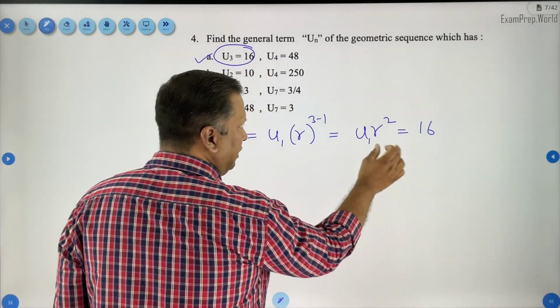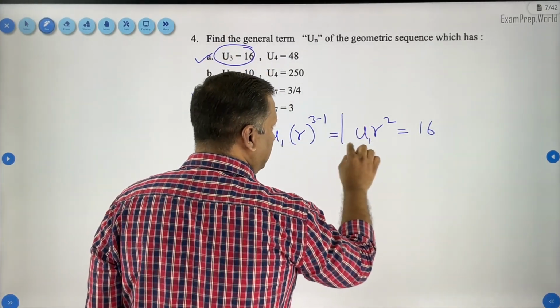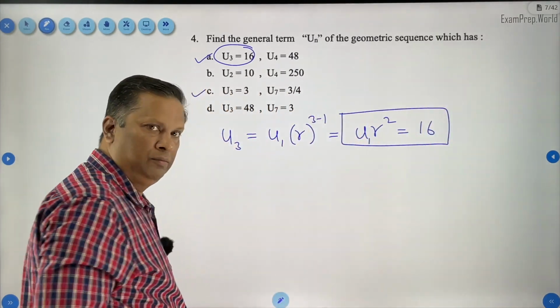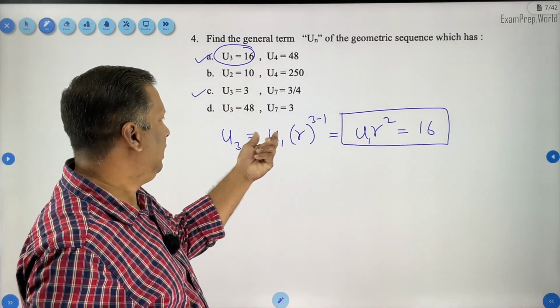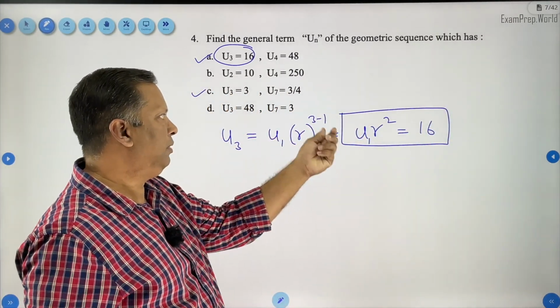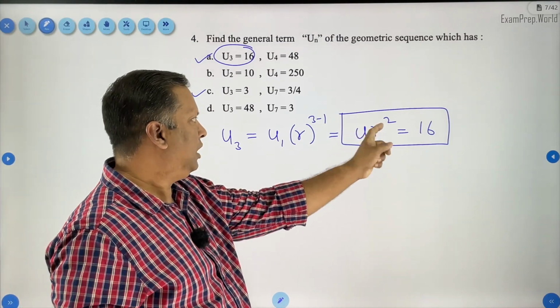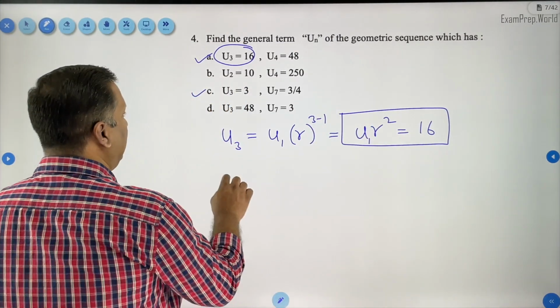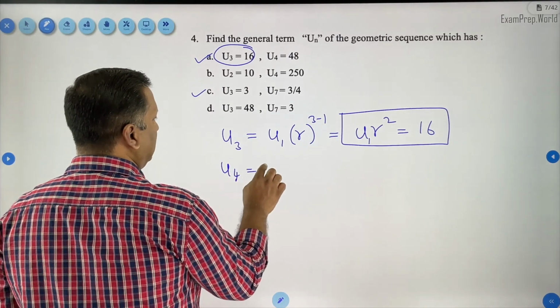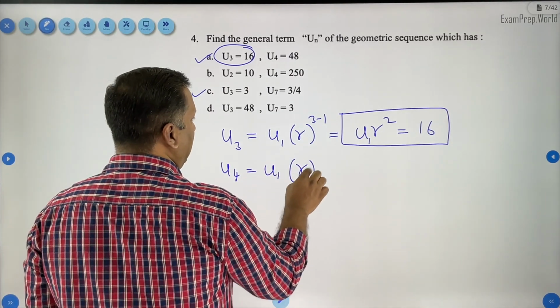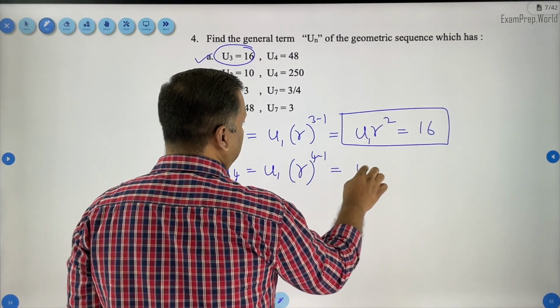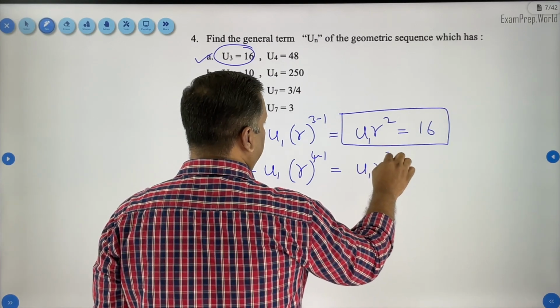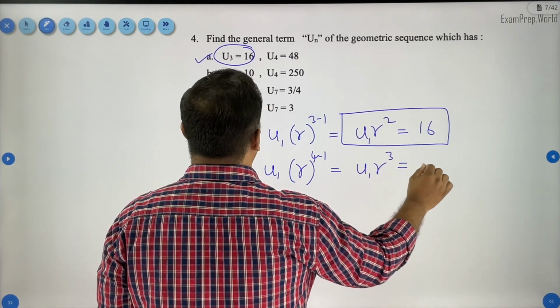I calculated U3 as U1 R to power 3 minus 1, so it is U1 R square, since 3 minus 1 is 2. Similarly, U4 is U1 R to power 4 minus 1, which is U1 R cube, equals 48.